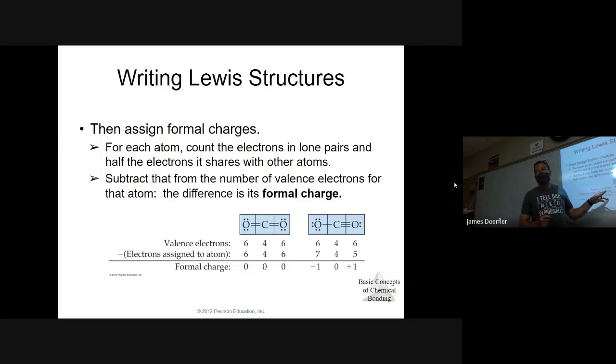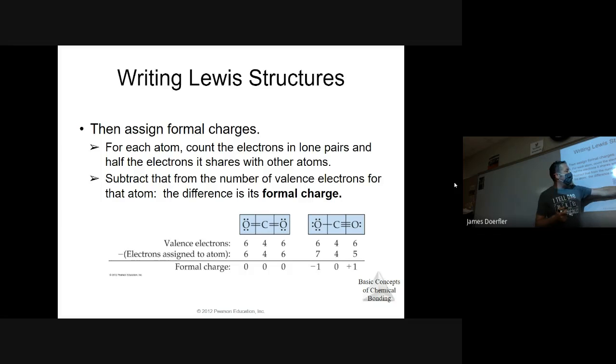So we follow the same process. We have the valence electrons for each, as we would see from the periodic table. And then we start assigning electrons to each atom. So if we look at this oxygen on the left, 1, 2, 3, 4, 5, 6, 7. We have 7 electrons assigned to that oxygen. So you put 7 here.